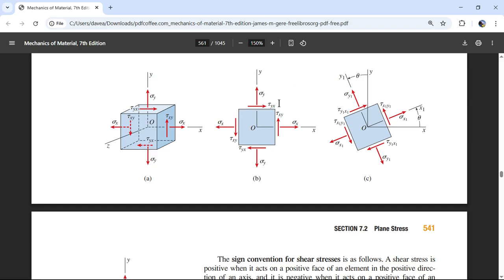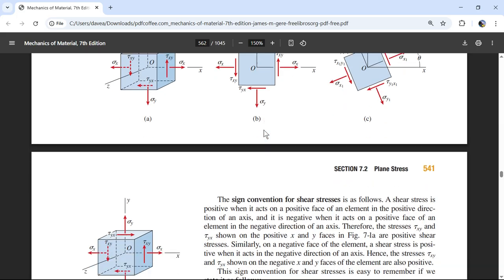So we can find the stress on that face by taking the force from that force diagram and dividing it by that area of the square root of 2. Anyway, that was just kind of an overview.